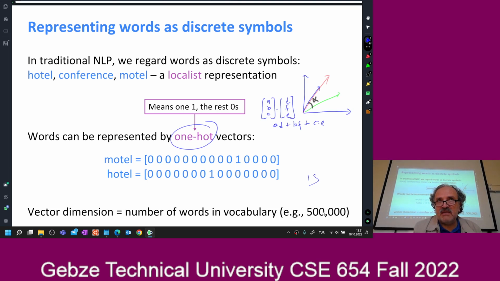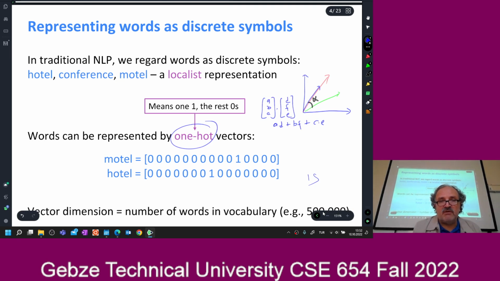So if I take the dot product between these two, what would I get? What is the dot product between hotel and motel? 0, right? Because they are orthogonal to each other. In this 500,000 dimensional world, there are 500,000 different orthogonal vectors, and this motel and hotel, they are orthogonal to each other. It is 0. That means what?